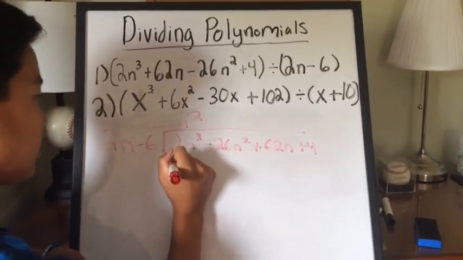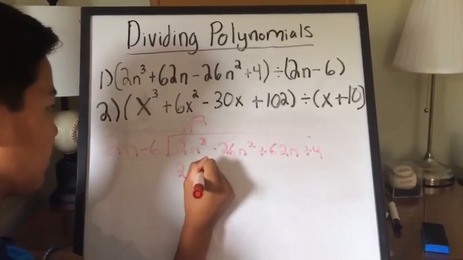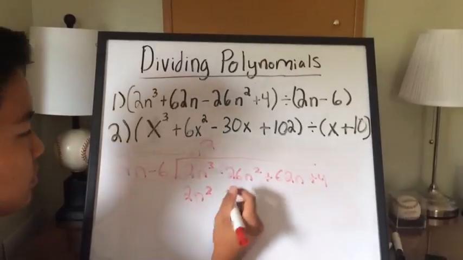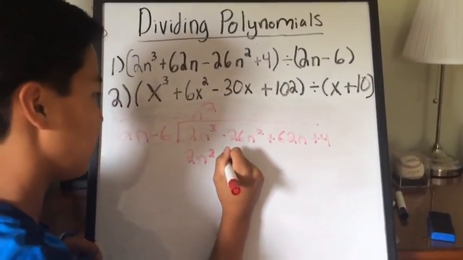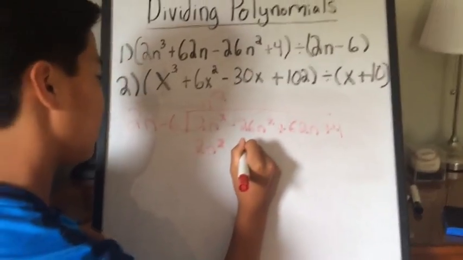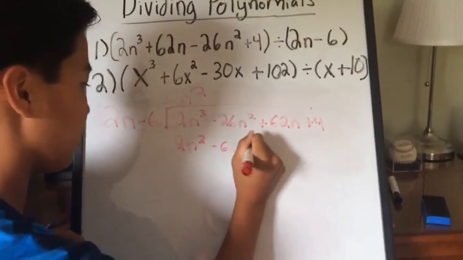And we're going to do n squared, and then we're going to see what negative 6 times n squared is, and that's going to equal negative 6n squared.